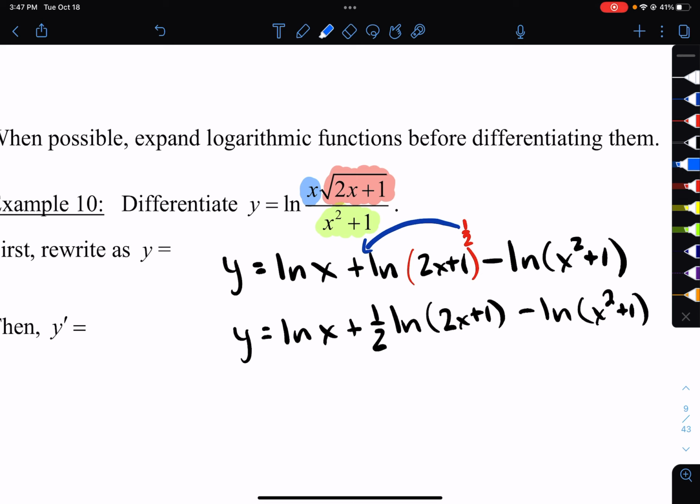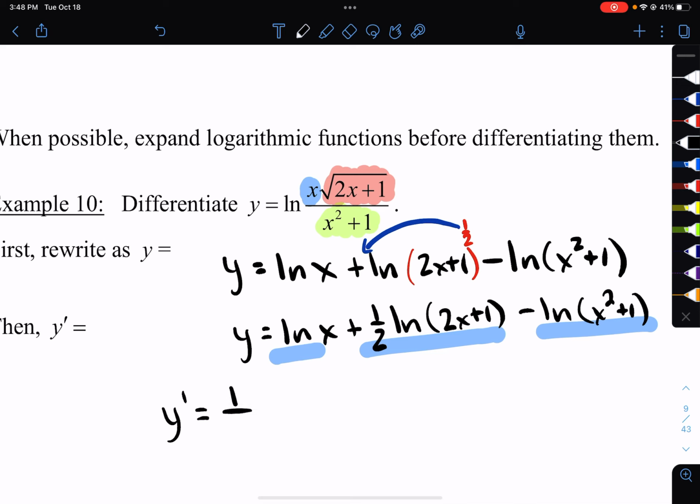But now I have 3 different functions that are separated, and I can just take the derivative of each one. So y prime, now I'm going to take the derivative. The derivative of the first function is just 1 over x. Then I'm going to add the derivative of the second function. Let's see, there's a 1/2 in front.